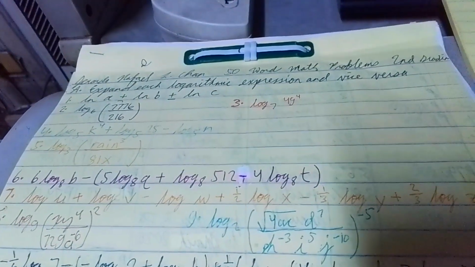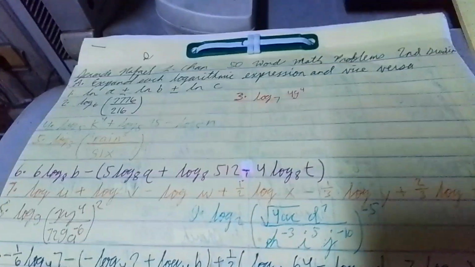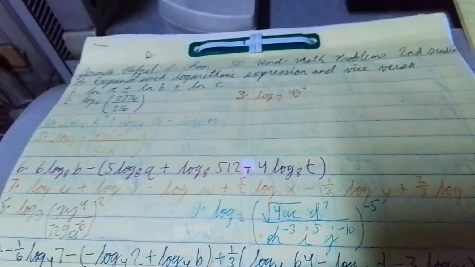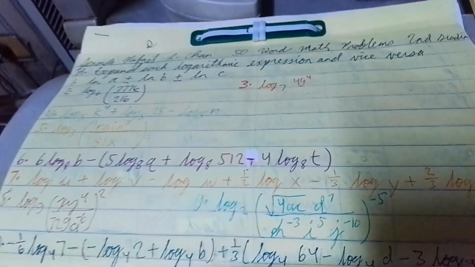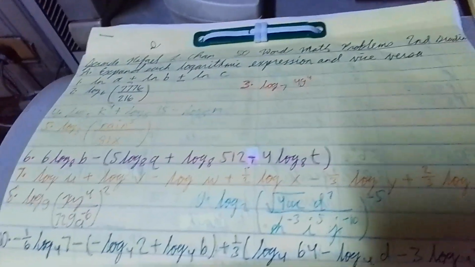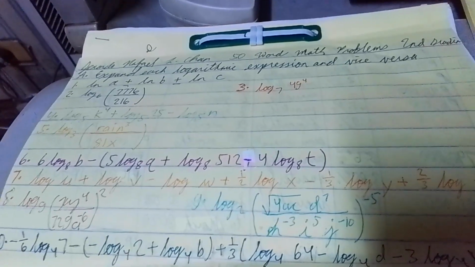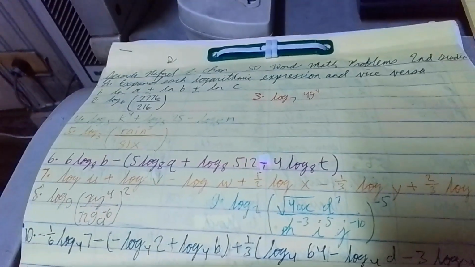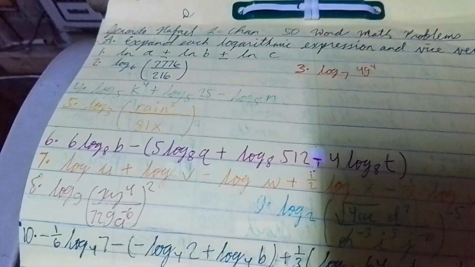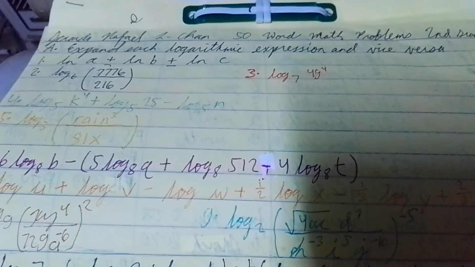Log of u, and then we have plus log of v, minus log of w plus 1/2 of log of x minus 1/3 of log of y plus 2/3 of log of z. Now, do I remember how it is meant to be written?